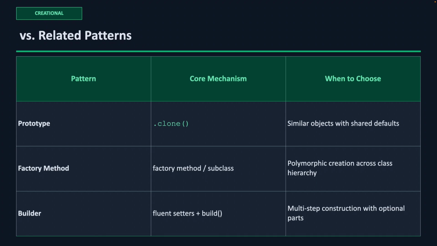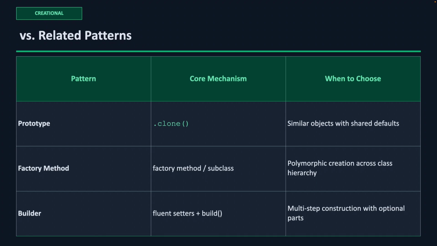And then we also think about the prototype pattern versus the builder pattern. The builder assembles complex objects step by step using a fluent interface. You call setX, setY, and then the build method. You reach for the builder when an object has many optional parameters in a specific assembly order. The prototype is simpler.